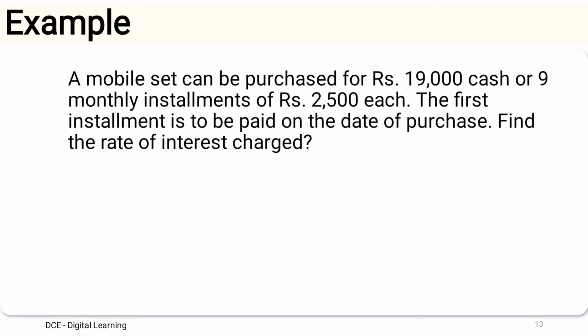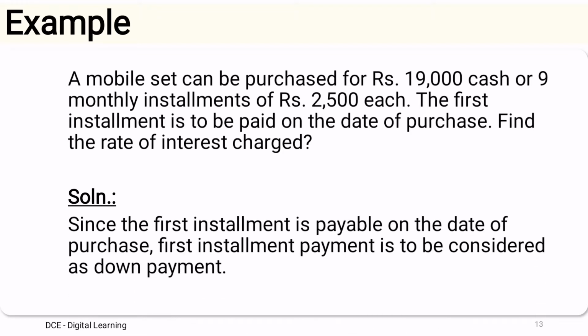The mobile can be purchased for rupees 19,000 in cash with single payment, or it can be bought with 9 monthly installments of rupees 2,500. The first installment is to be paid on the date of purchase. So let us say the customer wants to buy this mobile phone on installment basis. In that case, the rate of interest payable by the customer we have to compute.